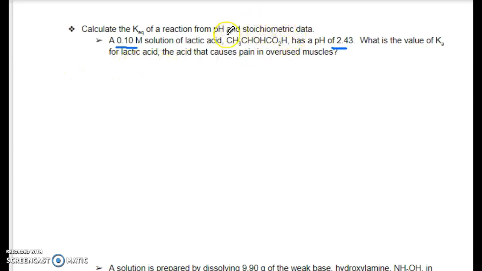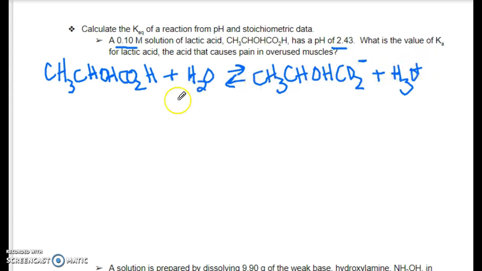So you'll see there's a very lengthy acid formula. Again, it's going to donate a hydrogen to water. So we have our lactic acid formula. Here, this is your acidic hydrogen, reacting with water.